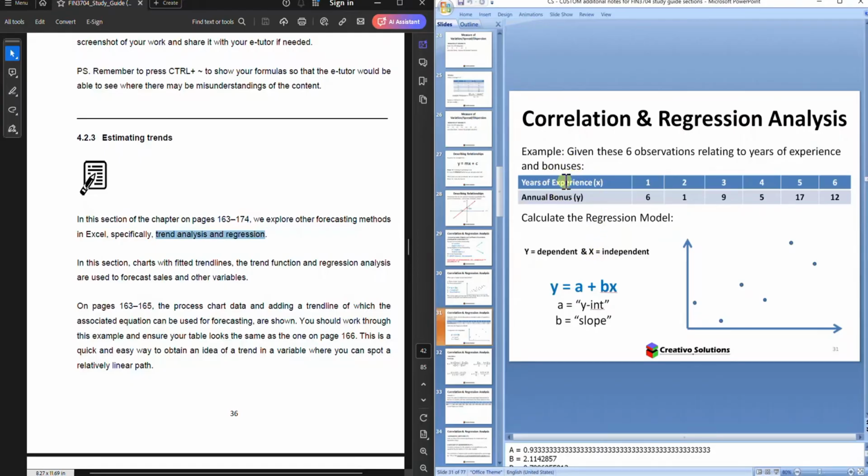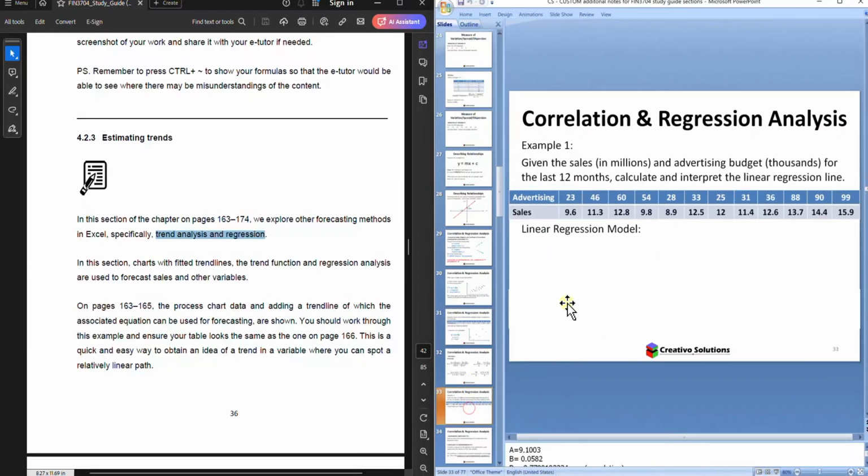If I ask somebody how many years of experience they have in the organization, and I match that with the level of bonus they received, I can plot that on a graph and analyze that data to get an expectation of what I would believe is true. I would expect that more experienced people possibly get higher bonuses. It might not always be the case, but remember, it's just data analysis.